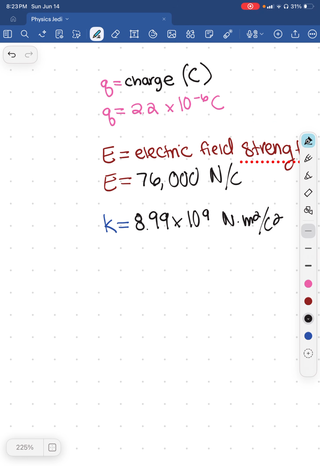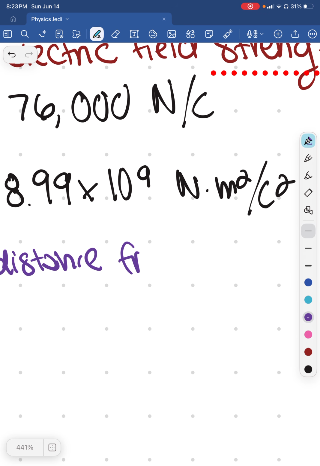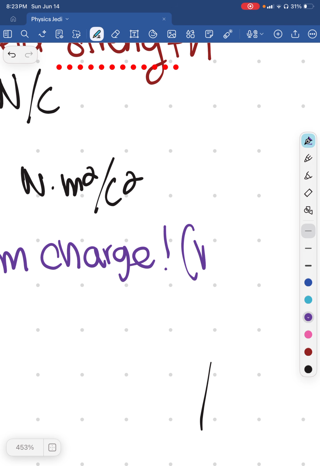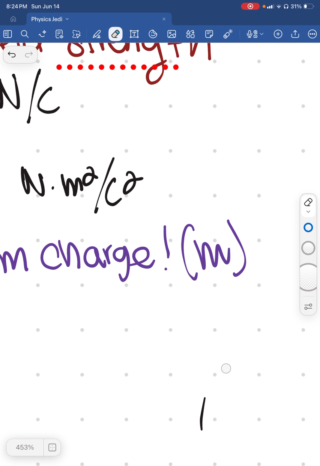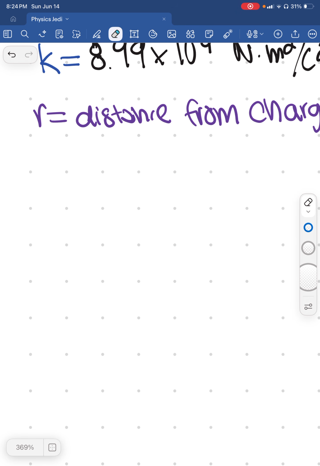The variable r is going to be equal to the distance from the charge. This is going to be measured in meters. All right, so those are our variables. We are trying to solve for r.